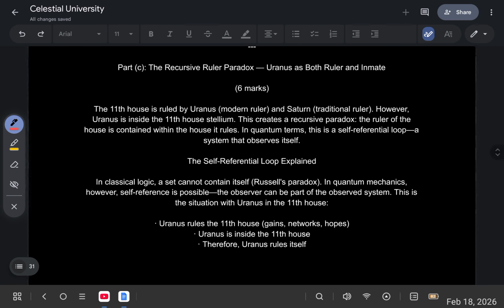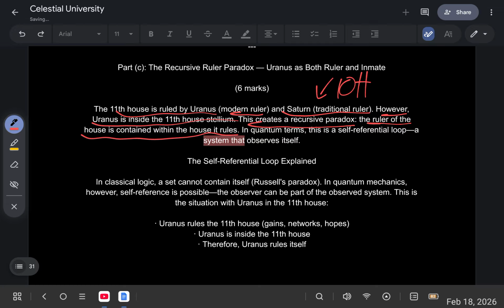The 11th house is ruled by Uranus, its modern ruler, and Saturn is its traditional ruler. But really, Saturn is happier in the 10th house. However, Uranus is inside the 11th house stellium, and it creates a recursive paradox: the ruler of the house is contained within the house it rules.